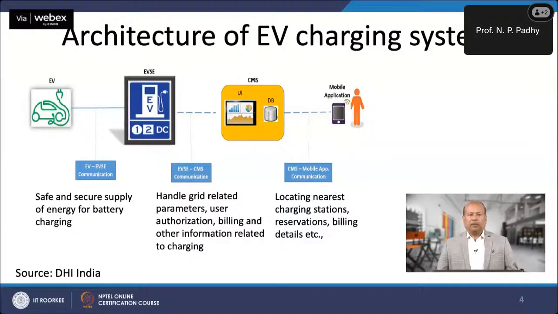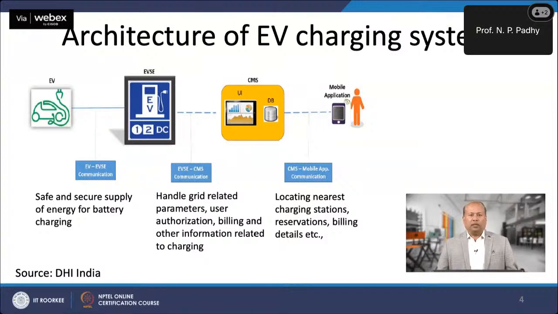The charging protocol defines the type of connector that goes into the vehicle inlet, max power and voltage for connection, communication protocol, and the type of communication links. Next is CMS, the Central Management System, a cloud-based platform managed by the company operating the charging station. The EVSE communicates with the CMS to manage user authentication or authorization, billing and rate of charging.